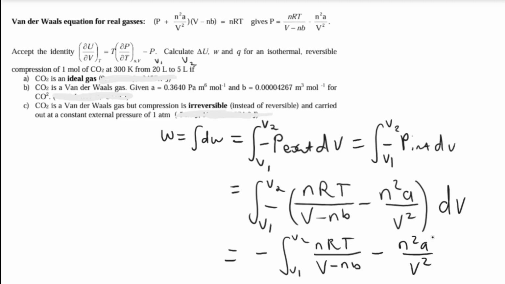We must put them in brackets, or else we'll have to put multiple integrals here, and then it's going to be a lot of work. But it still works out to be the same thing, because the integral of the sum is the sum of the integrals.